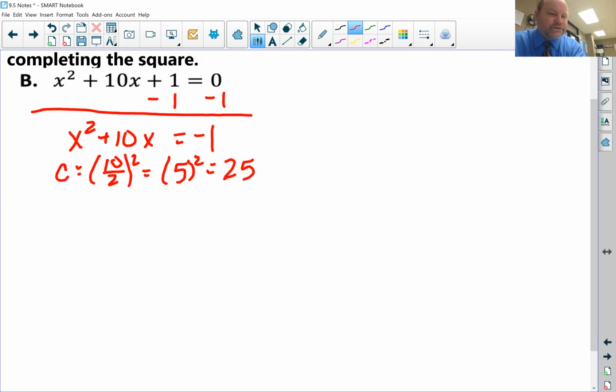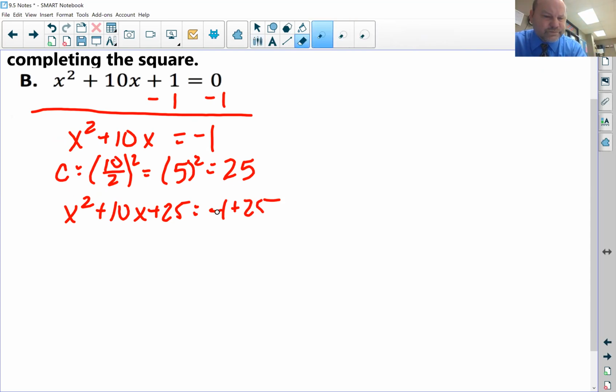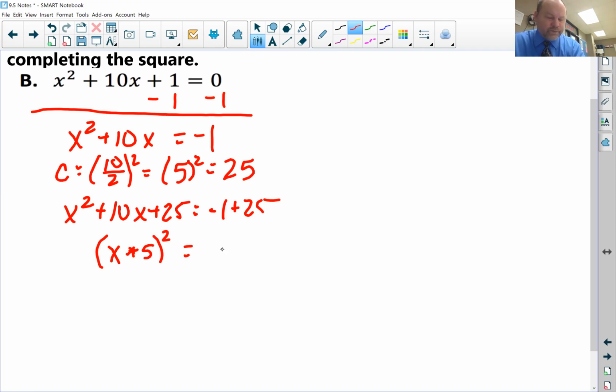Add 25 to both sides. The factored form on the left, x plus 5 squared. Negative 1 plus 25 is 24.